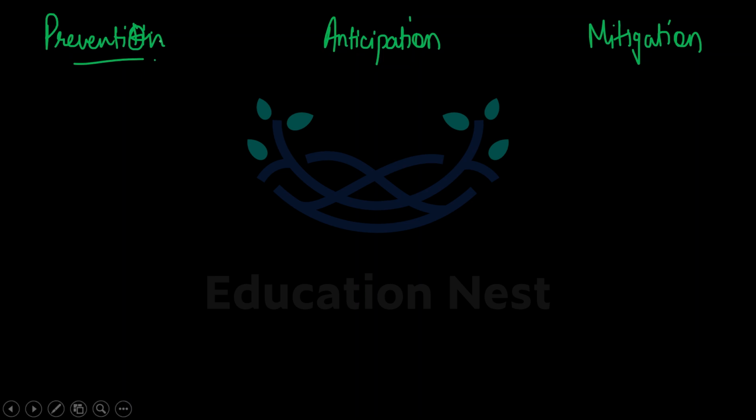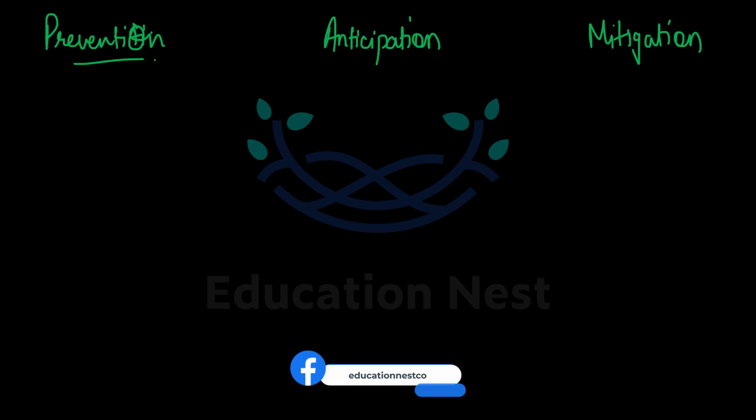What is prevention? As the name suggests, it is to prevent something. To reduce the likelihood of a technology related disaster, a business needs a plan to ensure that all key systems are as reliable and as secure as possible. So we try to prevent any kind of disaster.